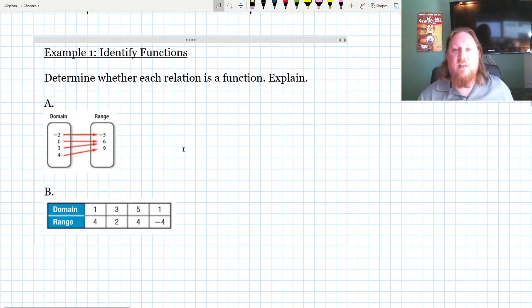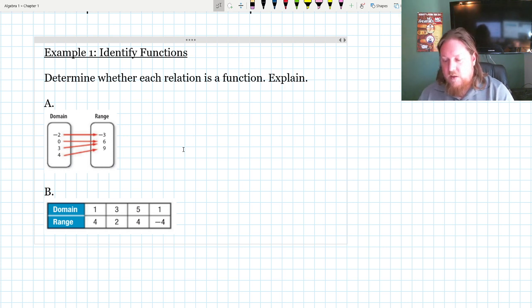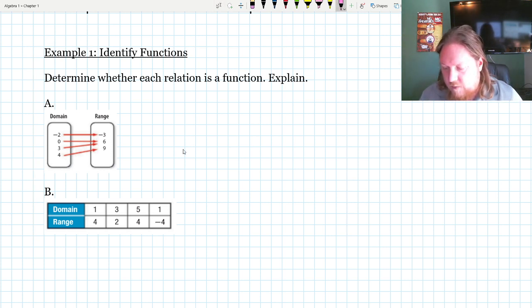So we're going to try to identify if these are functions, and they're giving the relationships to us in two different ways. Here I have a domain and a range. Domain -2 goes to -3, 0 goes to 6, 3 goes to 6, and 4 goes to 9.